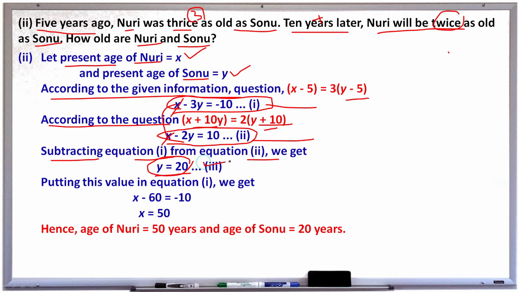Y is equal to 20. Putting this value in the first equation, you will get x minus 60 is equal to minus 10. Bring 60 to the right hand side, so it will become plus 60. So minus 10 plus 60 will become x is equal to 50. So the age of Nuri is 50 years and Sonu 20 years.